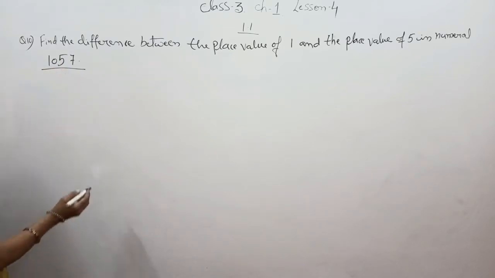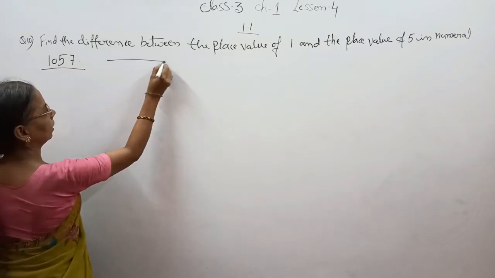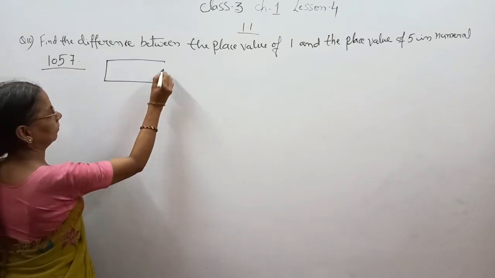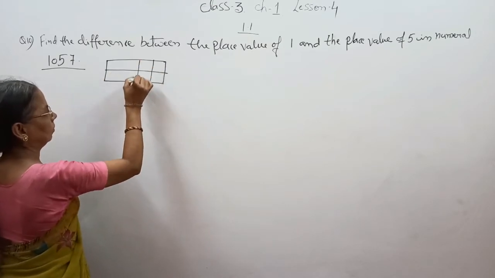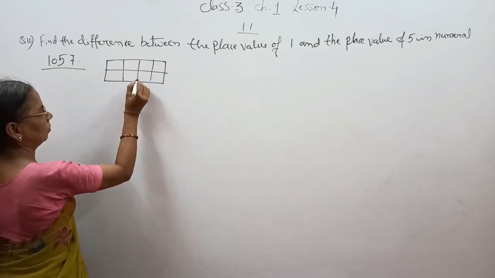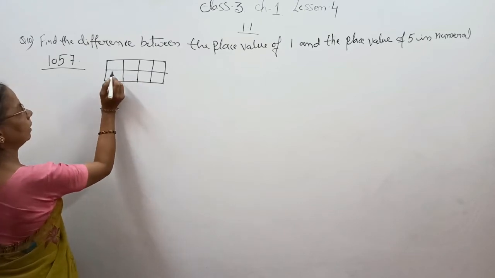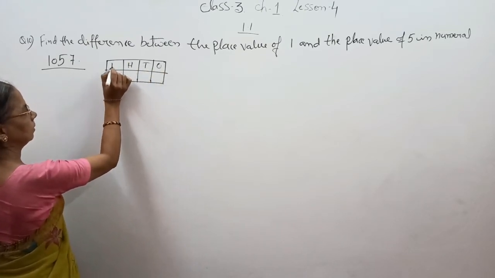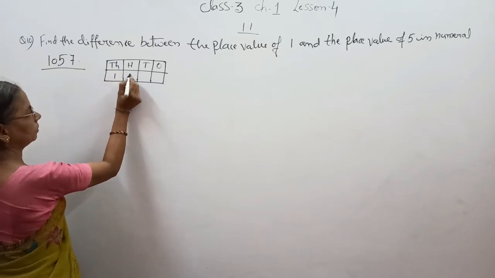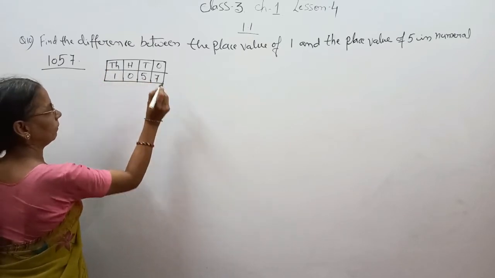Now we have to find the value of 1 and 5, by creating a chart. We have to know what is the value of 1 and 5. Ones, tens, hundreds, thousand. That is 1, 0, 5, 7.